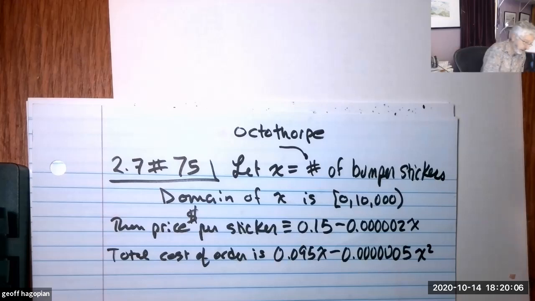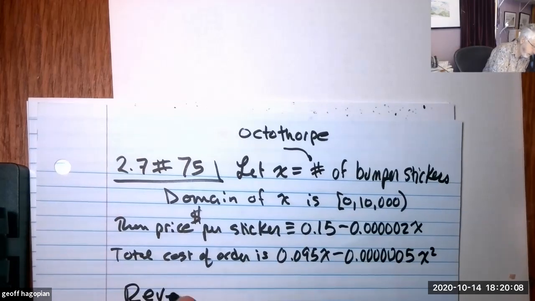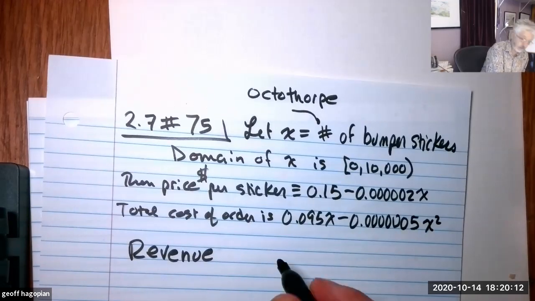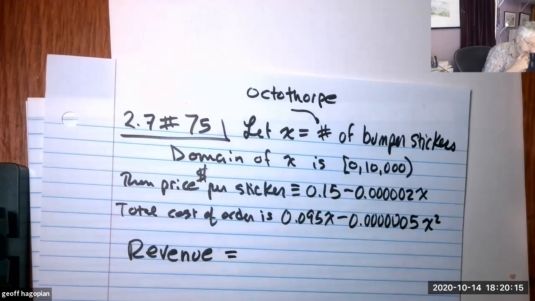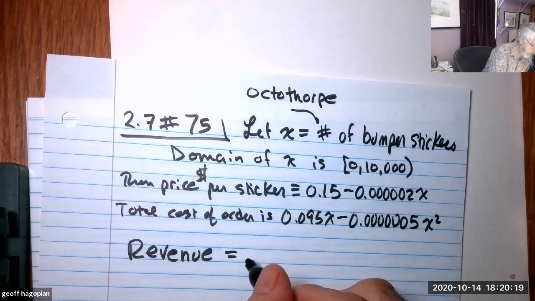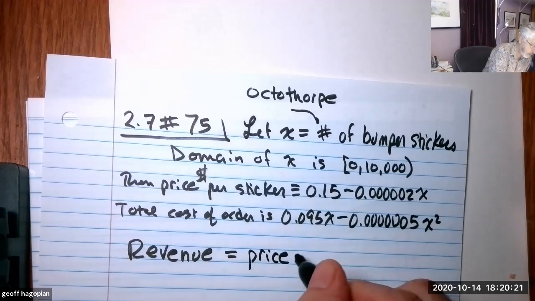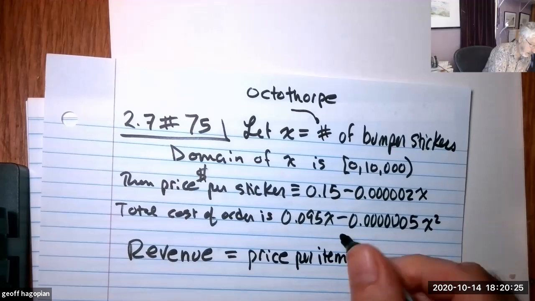So they say that revenue, when you're in business, this will be a familiar thing to you, right? Revenue is equal to the price per item times the number of items sold. And that's kind of what I was saying, right?